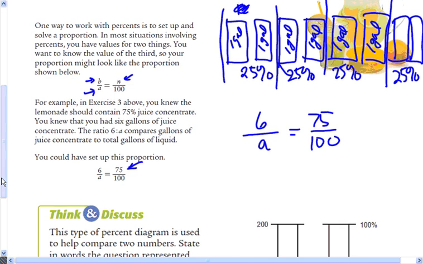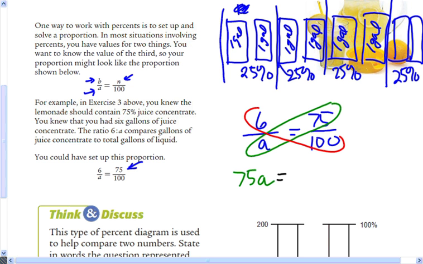So I have the proportion 6 divided by A equals 75 divided by 100. Well, the cross product, so 75 times A has to equal the other cross product, which is 6 times 100.